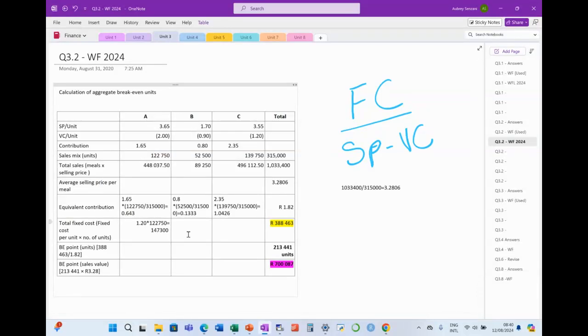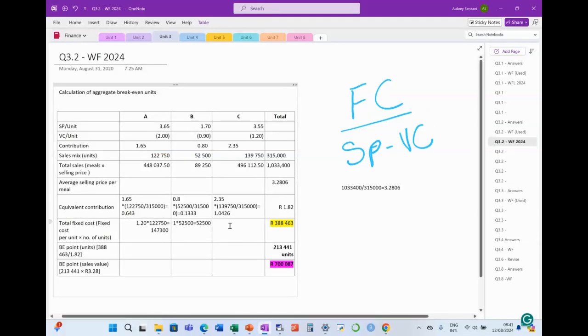Exactly. So here the fixed cost for product B was 1 rand times 52,500 units. And then finally here we had 1 rand 35 times 139,750 units.